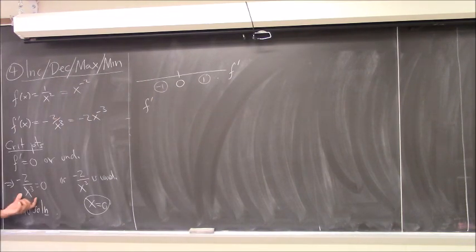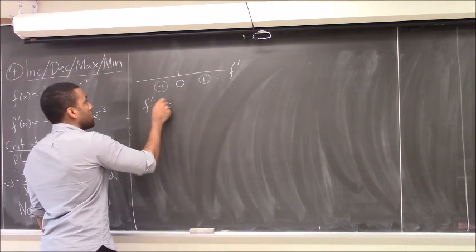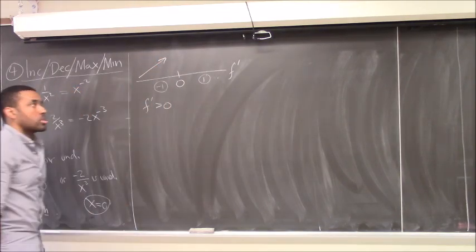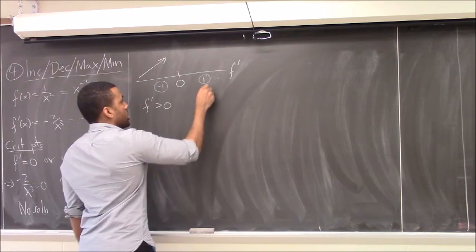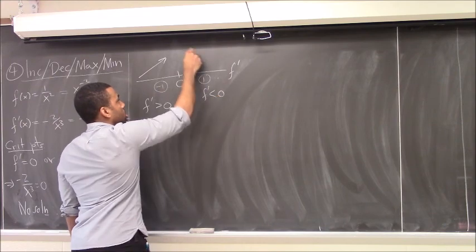If I plug minus 1 into minus 2 over x cubed, do I get a positive or a negative answer? Positive 2. Right, because minus 1 cubed is negative 1, and I'm dividing negative 2 by negative 1, and it ends up being positive, so I know I'm increasing. Now if I plug in 1 into this, I get a negative number. That means over here, f prime is negative, so it's decreasing.